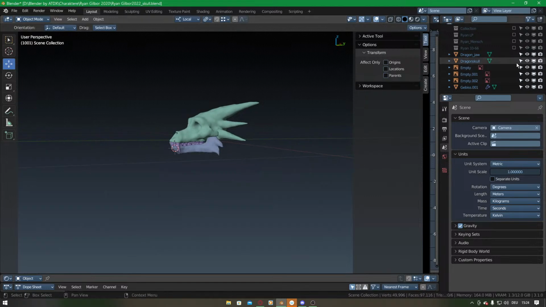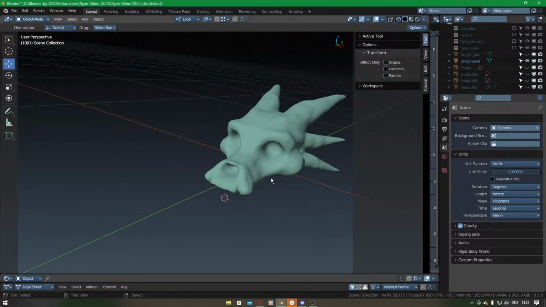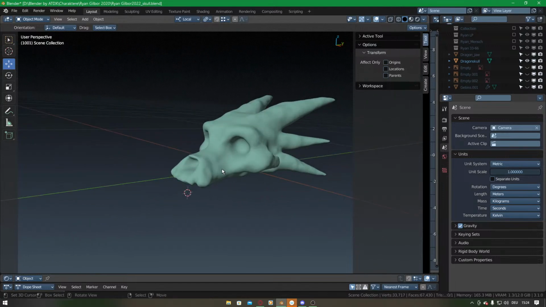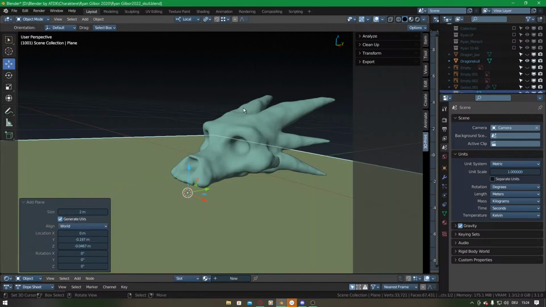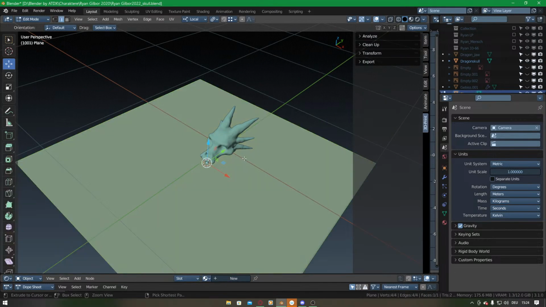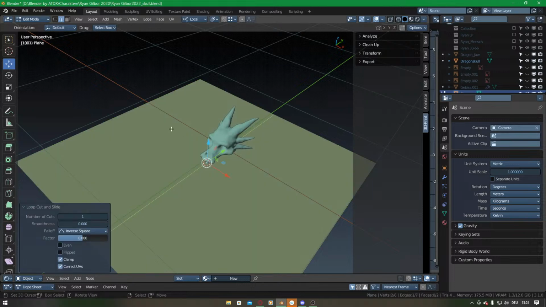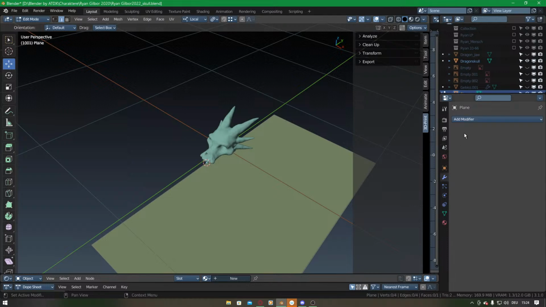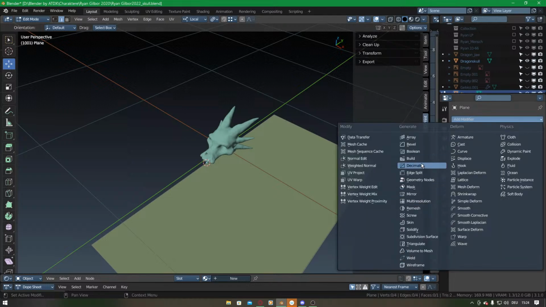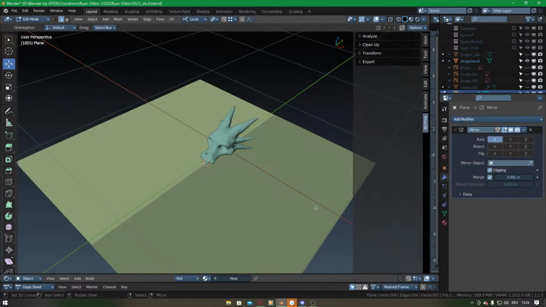Let's retopologize this. Where is it? There you go.